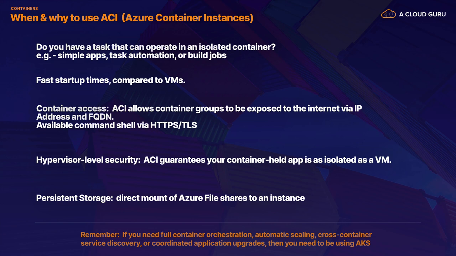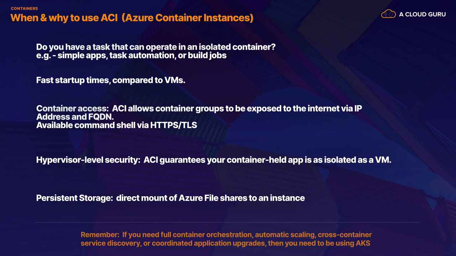You have full hypervisor level security. Container instances will guarantee your container-held application is as isolated as a VM would be. Mind you, unlike a VM, it boots quicker and takes less configuration and resources to run. And containers can also directly mount Azure file shares to an instance. Those file shares can be reattached as a container bounces or comes online or offline, scales up, that sort of thing.